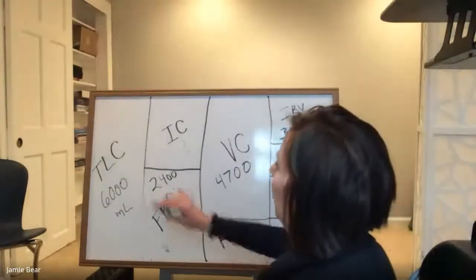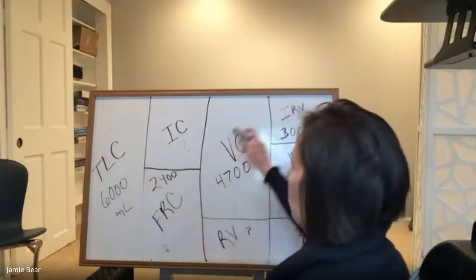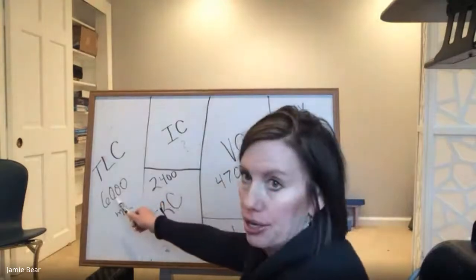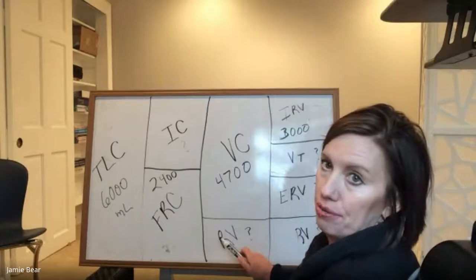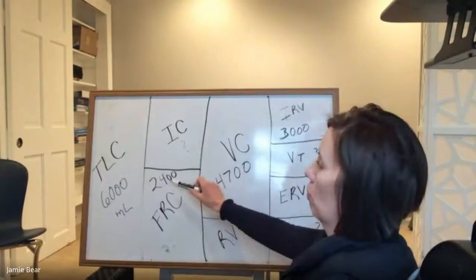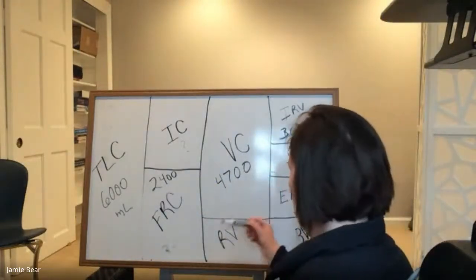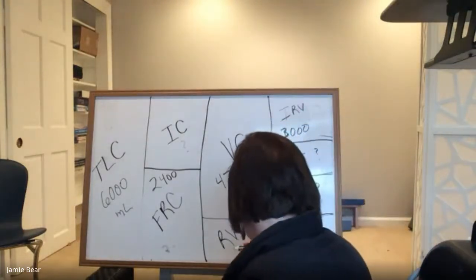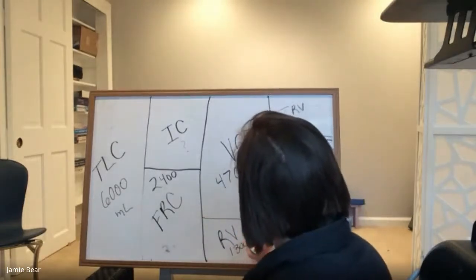So as I'm looking at this, I see that my total lung capacity is given and my vital capacity is given. So if I subtract total lung capacity minus my vital capacity, I can get my residual volume. So if I subtract 4,700 milliliters from 6,000 milliliters, my answer for my residual volume is 1,300 milliliters.